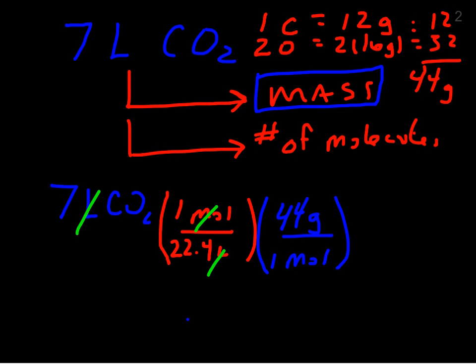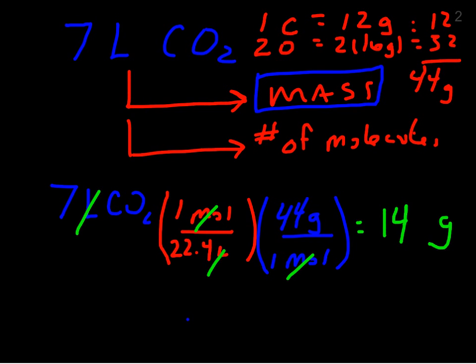The moles then are going to cancel out, and my answer is going to be in grams. I'm going to take 7, divide it by 22.4, and then multiply it by 44. What I'm going to end up with is 13.75, and I'm going to round that to 14 grams. So 7 liters of CO2 is going to have a mass of 14 grams.